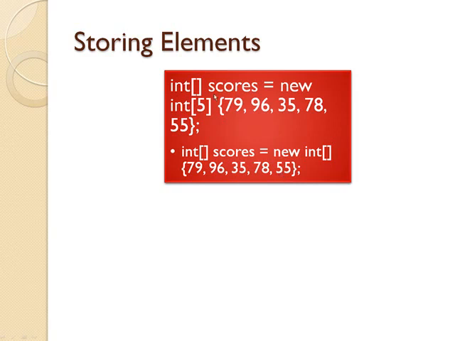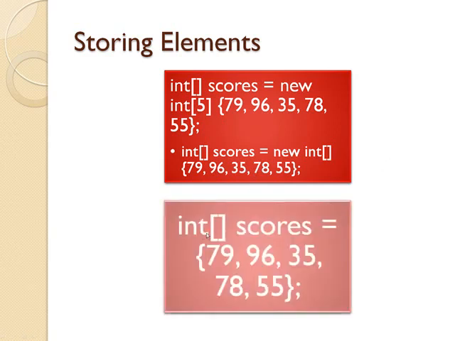The difference between these two examples: in the first one, we have explicitly said that our array scores stores 5 elements, and then we provided 5 elements. In the second example, we have not explicitly said that our array scores stores 5 elements. Instead, we have provided the 5 elements for the scores.